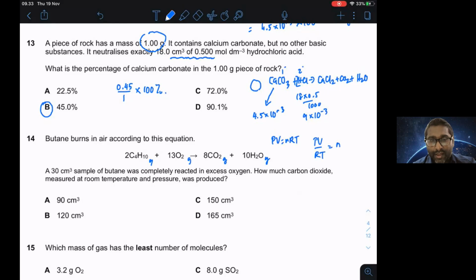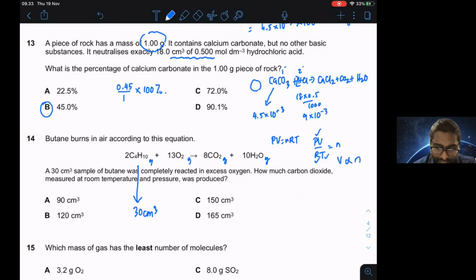If they are measured at room temperature and pressure, the pressure and the temperature are constant. R is also constant. So we can say that V is directly proportional to the number of moles. In simple terms, if you are using 30 cm cubed over here, you do not need to find the number of moles, because it's directly related to your volume. So we can actually just calculate directly.